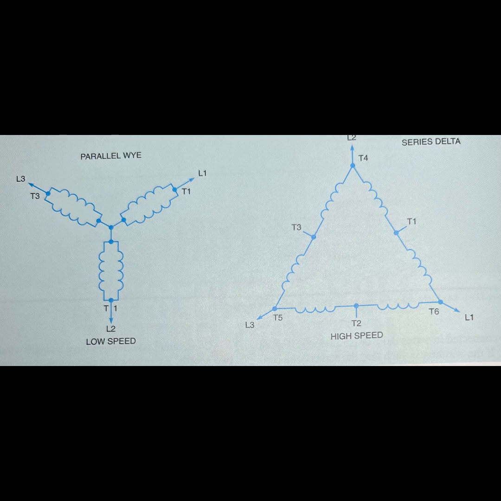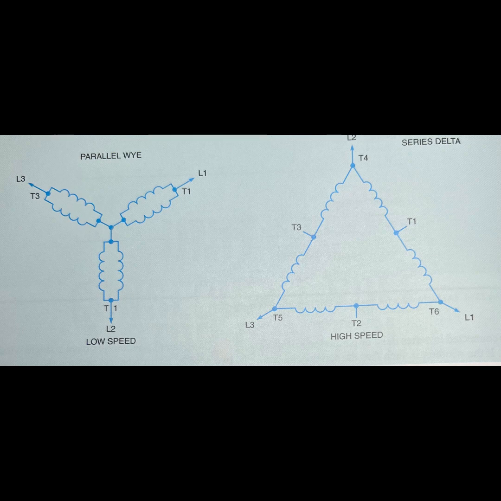Extra taps can be brought from the winding to allow reconnection for a different number of stator poles. The speed range is limited to a 1:2 ratio, such as 600 to 1200 RPM or 900 to 1800 RPM.